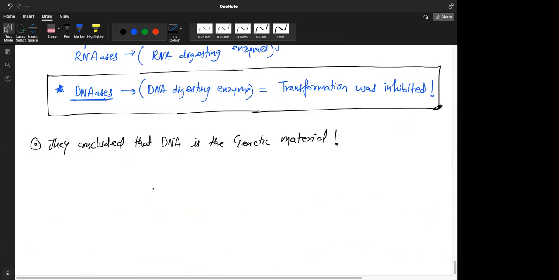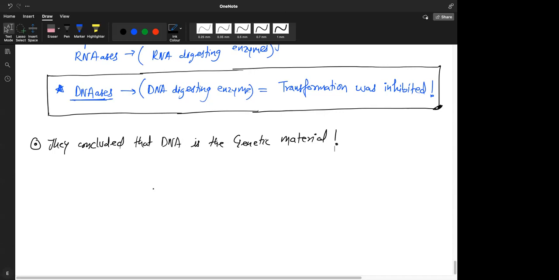What they were claiming to be a separate standalone DNA mixture, or a protein concoction, or a lipid. So the question is your purification, because these techniques were very newly developed, right? So they were not 100% convincing that there was no contamination, first of all. And second, what they are calling DNases is not going and digesting any other component in the cell, because of which transformation is not happening.